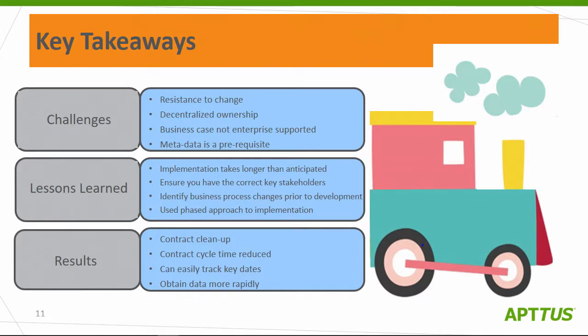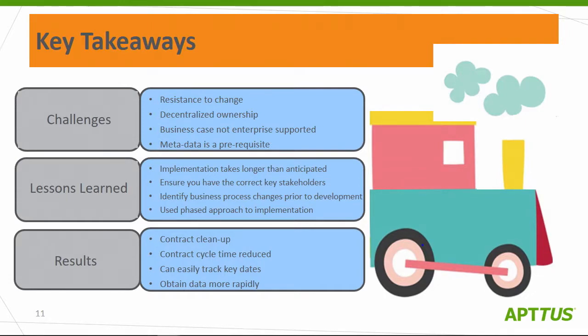And so we are implementing the tool on a phased-in approach, and we're actually doing 3 phases. This year, we're implementing 4 contract types, and it's primarily on the sales side. Next year, we'll be implementing all of our sales side contracts, and then thereafter, we're hoping everybody will come and we will get all of our contracts.